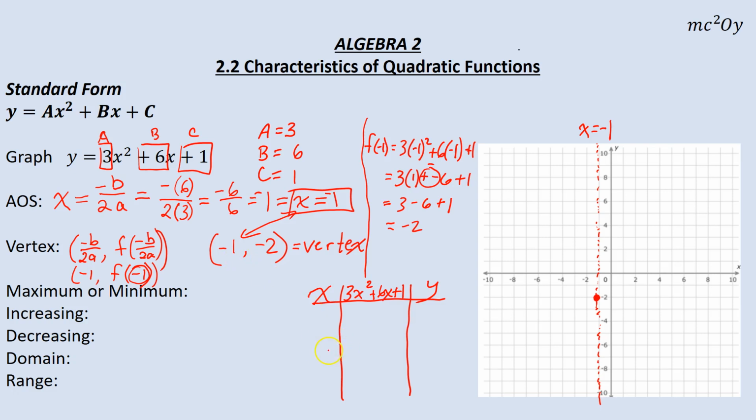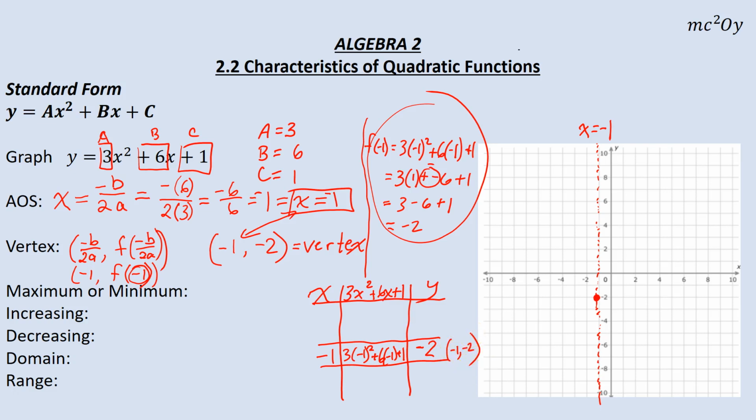You know your vertex. That's right in the middle, so I'm going to put -1. And I know if my input's -1, my output's -2, and I could actually show the math here. I could say, well, that's 3 times -1 squared plus 6 times -1 plus 1, and I've actually done that right here, okay? And I know I'm going to get an output of -2, so it's going to give me the ordered pair -1, -2.